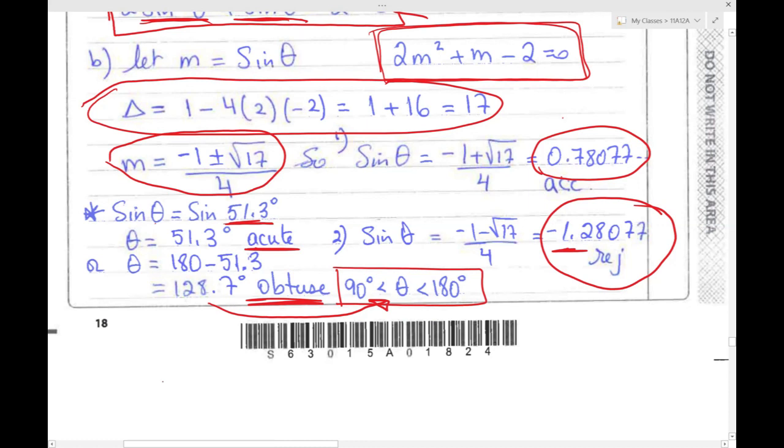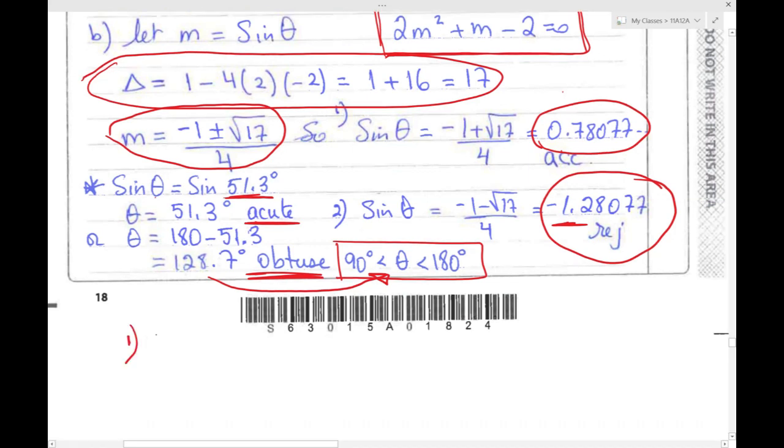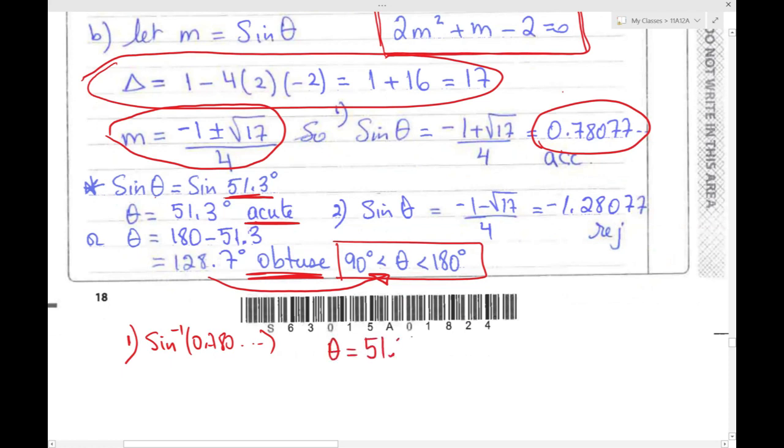The main important thing is, let me summarize. One, you have to take the sine inverse of the 0.78 and so on that you accepted, because you rejected the other one. Then you will say that theta equals 51.3 degrees plus 360 degrees k. When k is 0, you've got this angle. You check, is this angle in here?